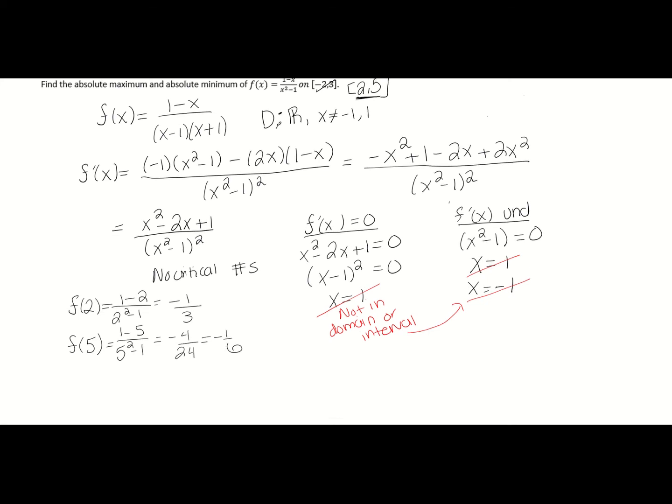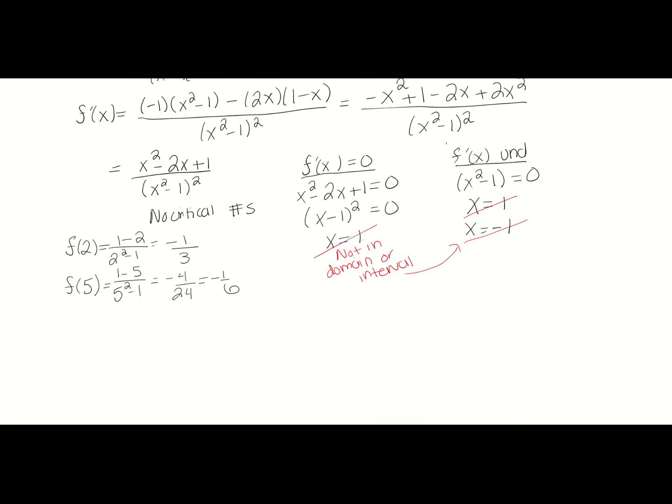Now the question becomes, which one of these is smaller and which one is bigger? If this is 0, the negative 1/6 would be closer to 0 than negative 1/3. So this is the min and this is the max.